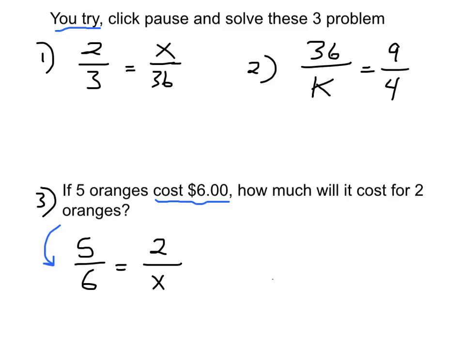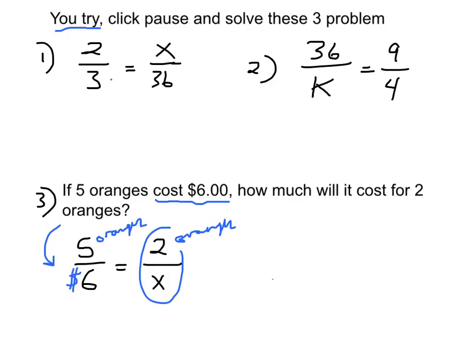So I put oranges on top and oranges on top. I did not know how much it would cost for 2 oranges, so that's what you're trying to find. Good luck. Click pause, try these 3 problems, and when you're done, click play to see the solution so you can check your answers. Okay, here we go.